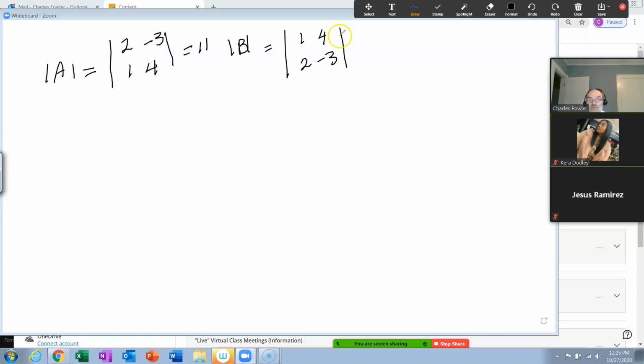But let's do what its determinant is, and that is -3 minus 8. That's minus 11. Exchange 2 rows, you negate the determinant. That's it. You negate the determinant. Okay? That's the A part here.